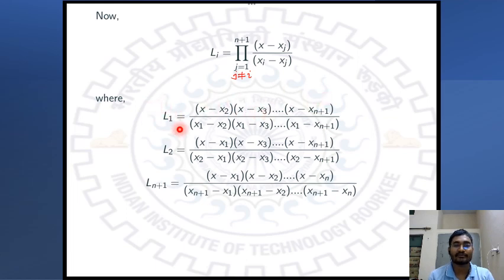In L1, in the numerator you just need to skip one part, that is x minus x1. In the case of L2, you skip the x minus x2 part. In the denominator you skip the corresponding part and go with x1 minus x2, x1 minus x3, x1 minus x4, and similarly for L2. This is how you can remember how to find L1 and L2.